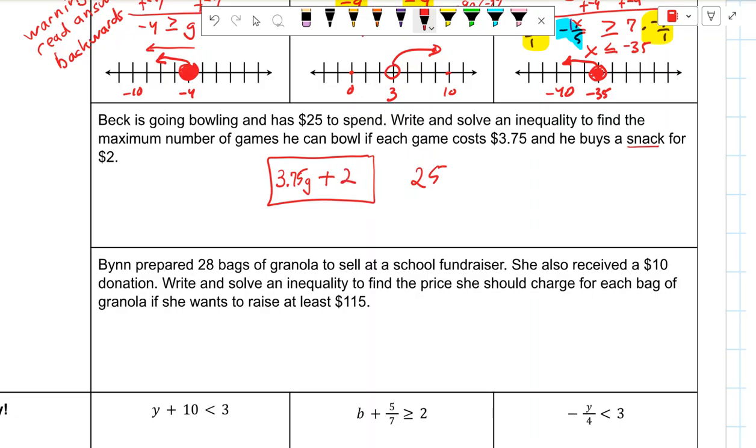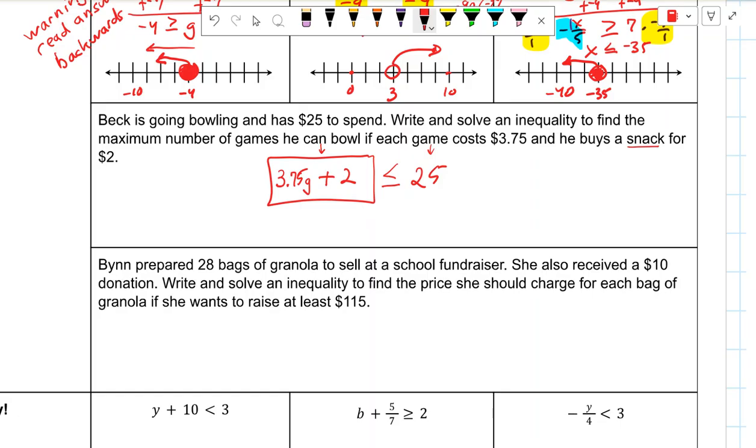Now we need an inequality sign. Over in the box is what he's spending, but over here is how much he has to spend. Can he spend $24? Yep, he's got enough. Can he spend $25? Yep. Yes, he has enough. Can he spend $25.01? No. He does not. So this box over here has to be less than 25 or equal to.